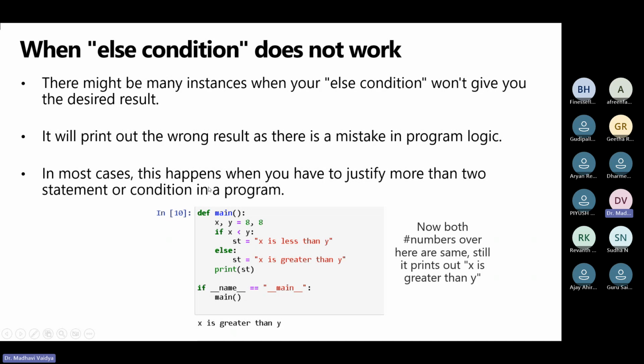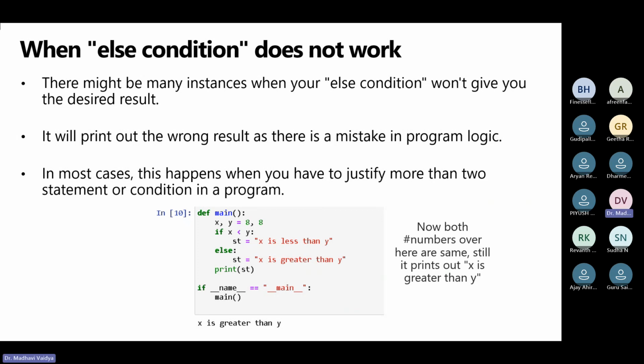So here you can see that x comma y equal to 8 comma 8. Is 8 less than 8? No. Is 8 greater than 8? No, not at all. Is 8 equal to 8? Yes, obviously.